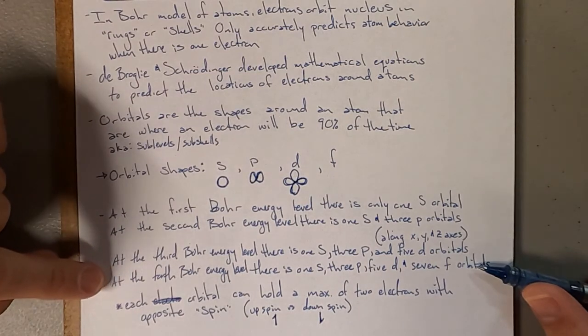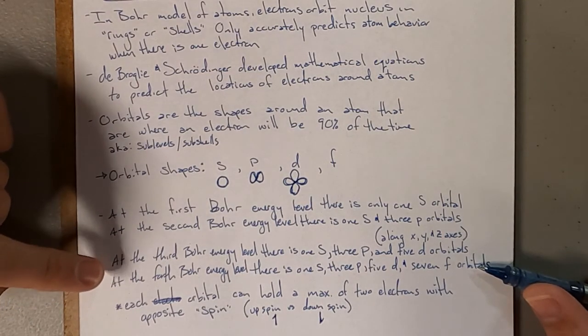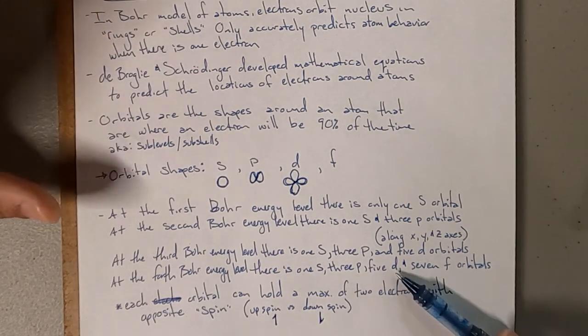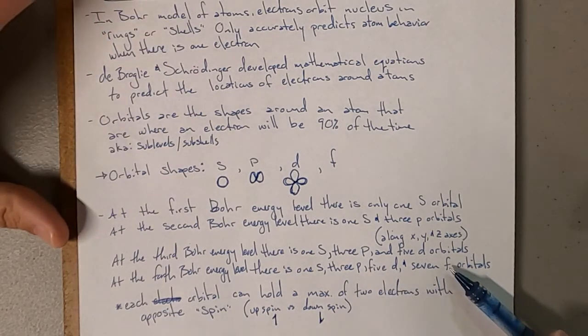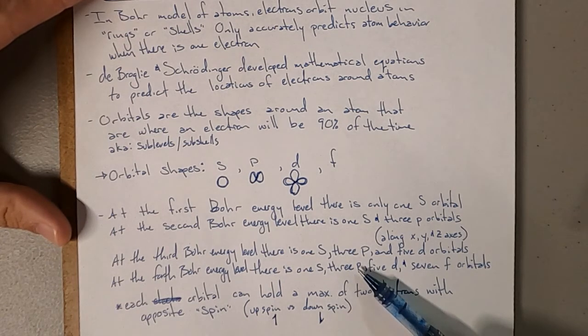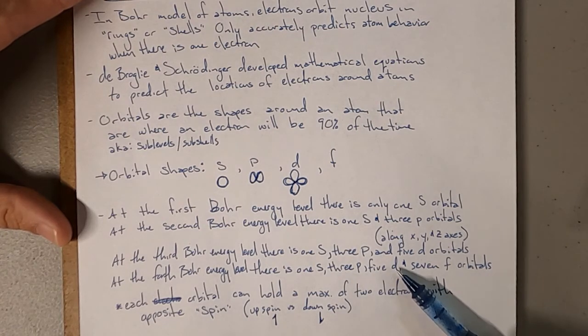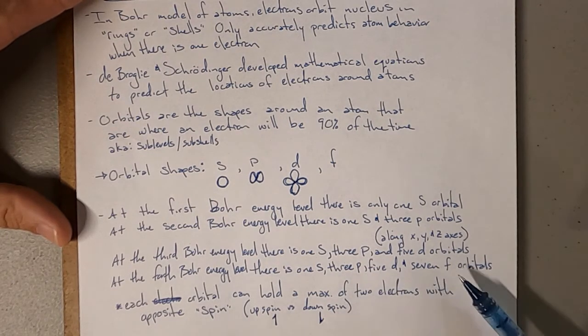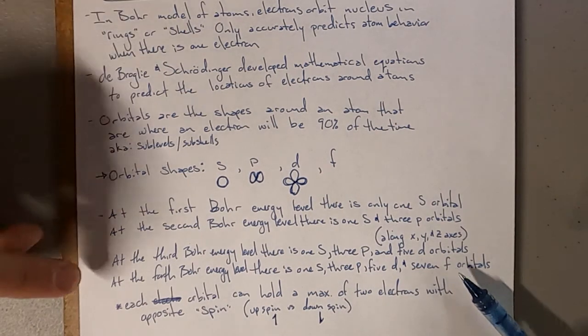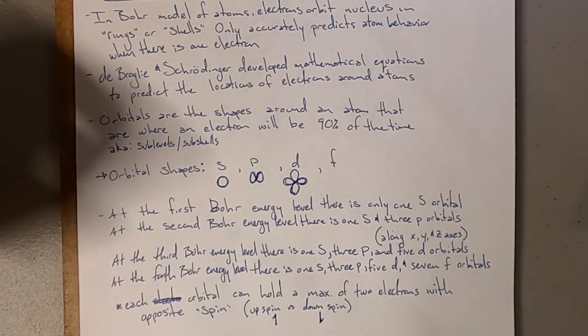And at the fourth Bohr energy level with all of these different orbitals, 1 s, 3 p, 5 d, and 7 f, that would be 2 plus another 6 for 8, plus another 10 for 18, plus another 14 for 32 electrons at the fourth Bohr energy level.